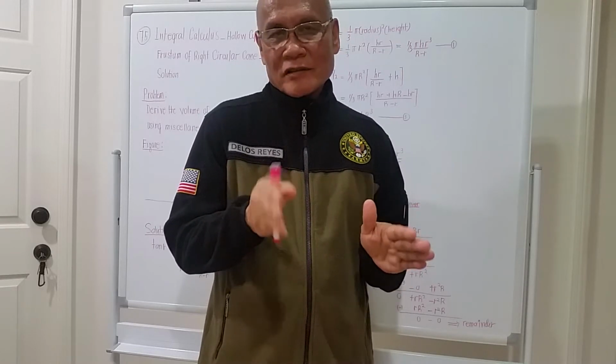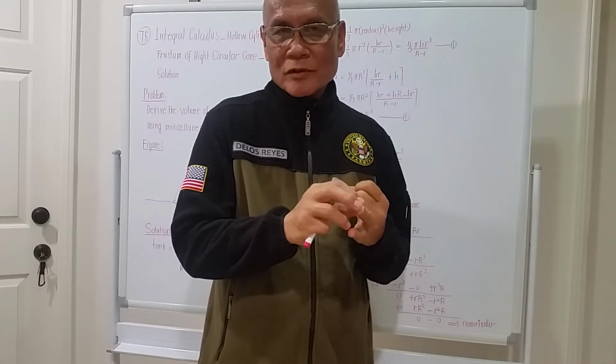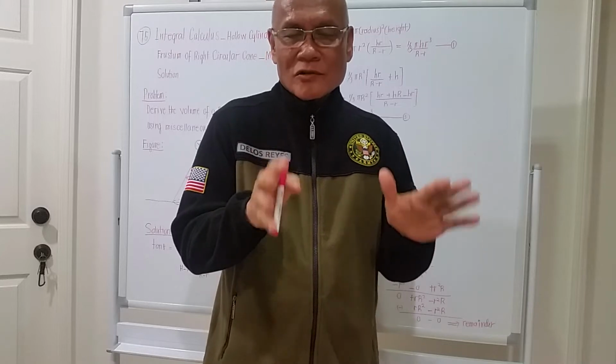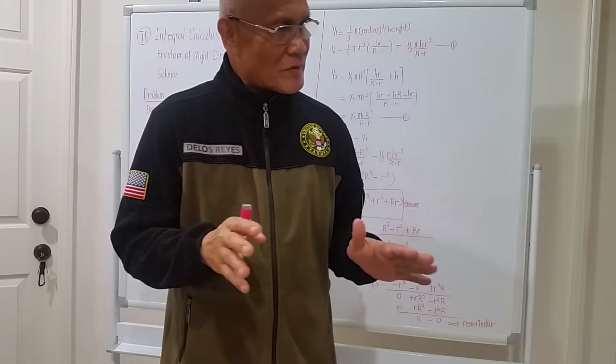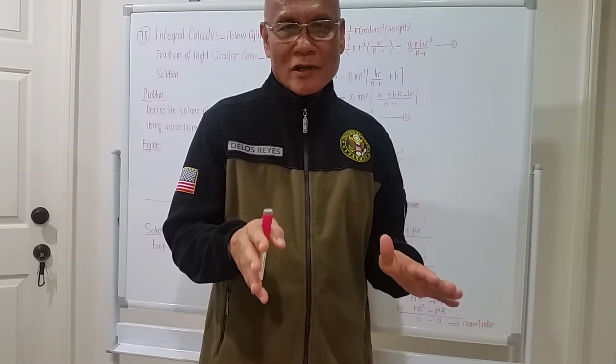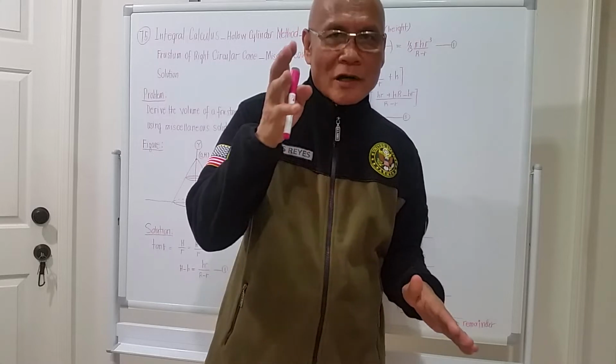Meaning it is not under circular disc, it is not under hollow cylinder method. For this evening, it will be a miscellaneous special solution. It seems it is under solid mensuration, the derivation of the formula for the volume of a frustum of a right circular cone. Okay, let's proceed.